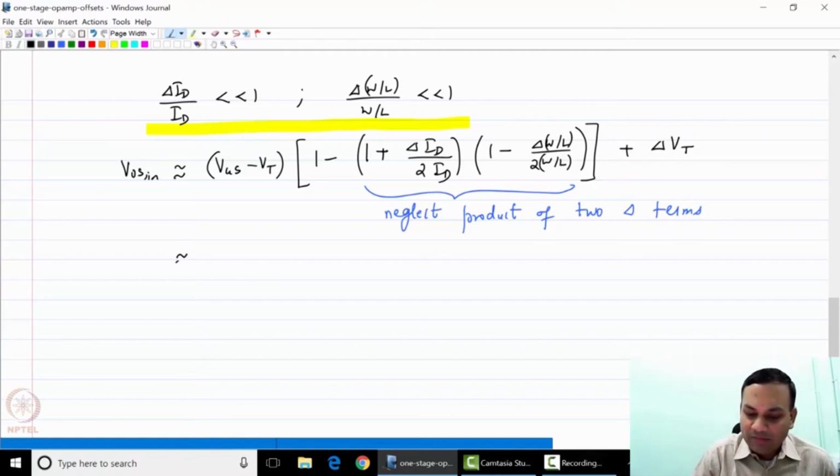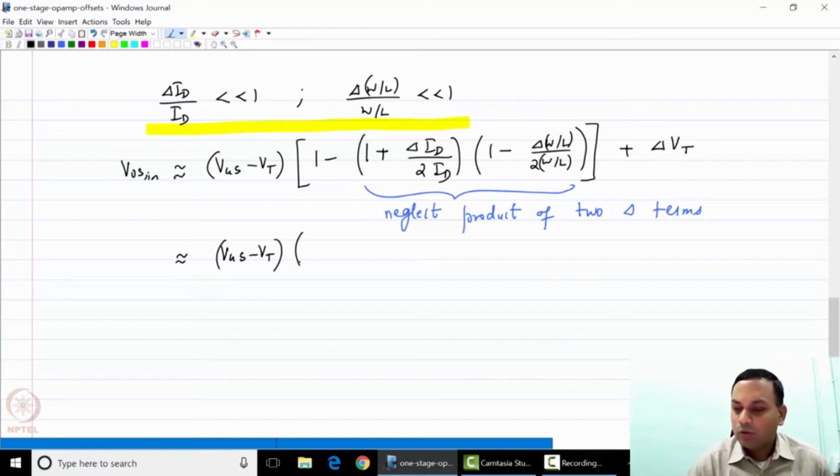So this becomes VGS minus VT into delta ID over 2ID minus delta W over L by 2W over L plus delta VT.